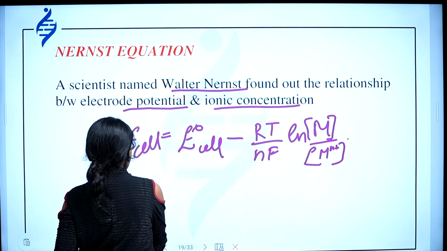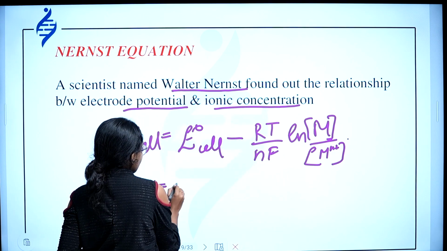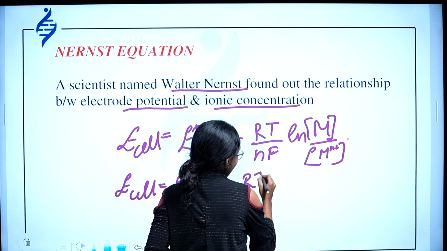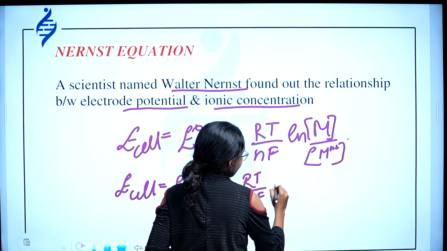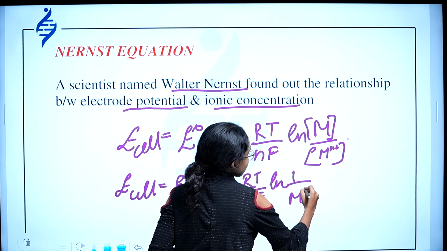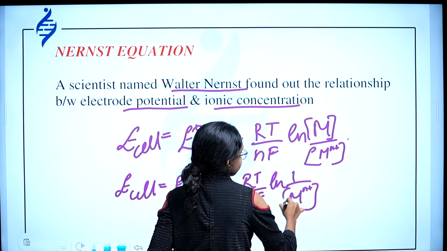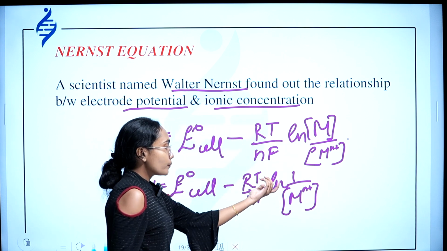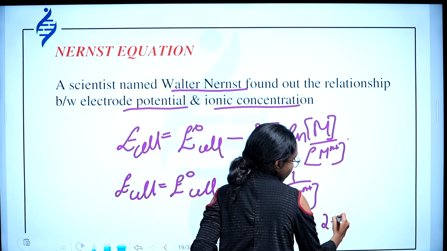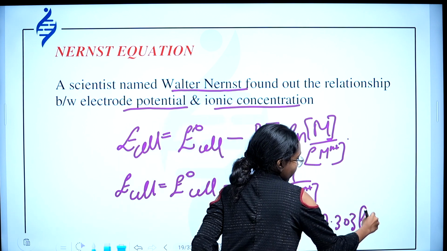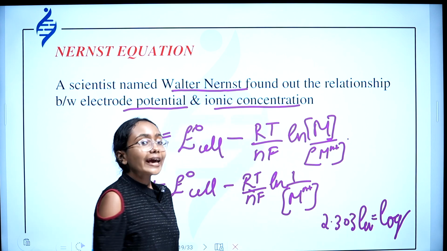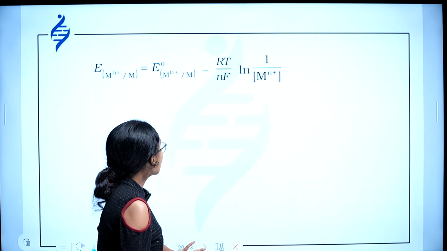So the equation can be modified: E cell equals E naught cell minus RT by nF ln 1 by concentration of Mn+. The natural log ln can be turned to log by multiplying it with 2.303.